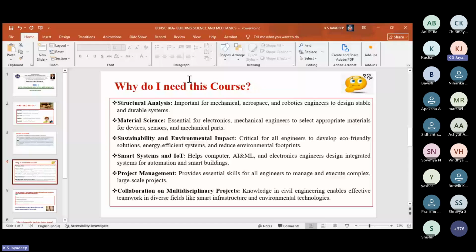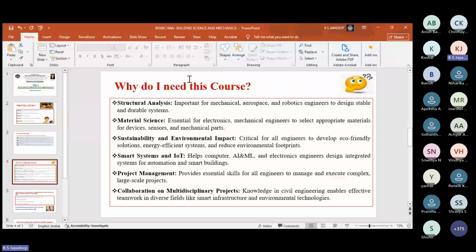Next is material science. In the second module, as we have discussed, we'll be discussing sustainable materials. We have to choose a sustainable material, and how it goes with the different aspects of buildings. All of this we have to address.